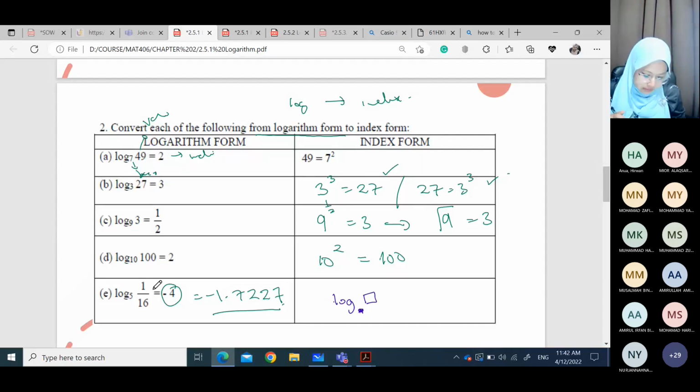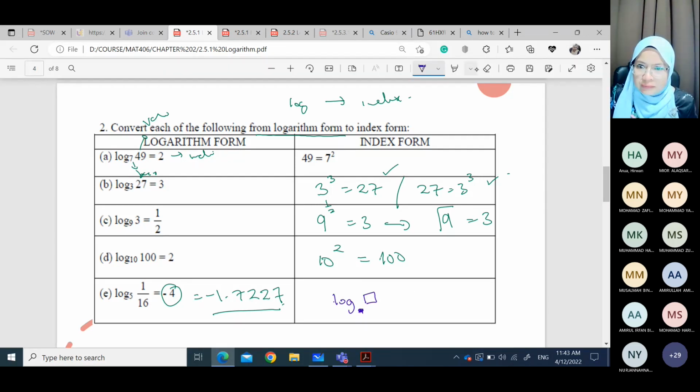Inside kita ada 1/625, negative 4, dan 1.722 untuk yang guna kalkulator 991 MS.